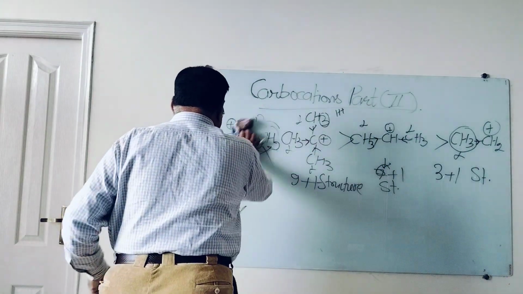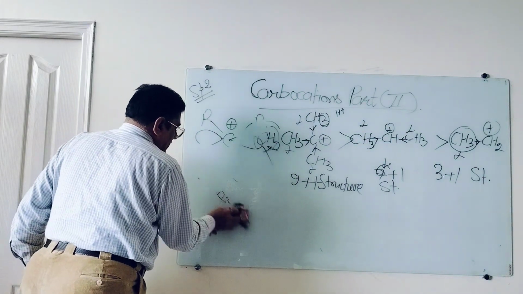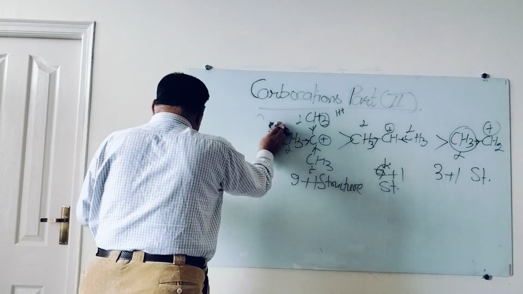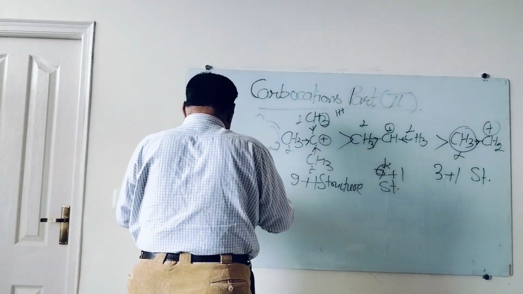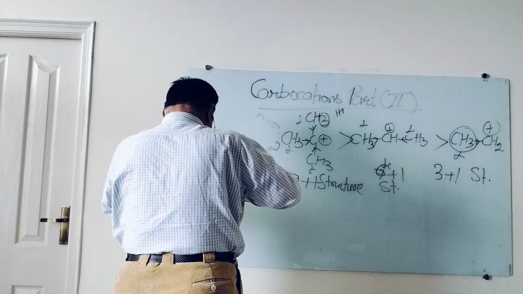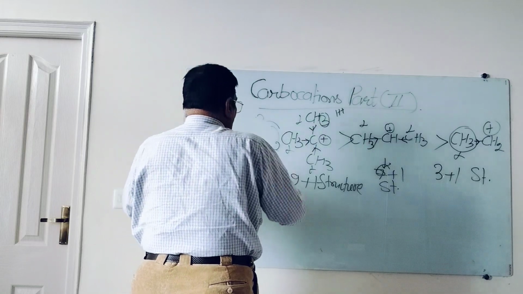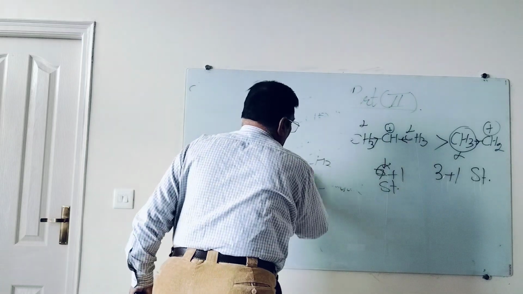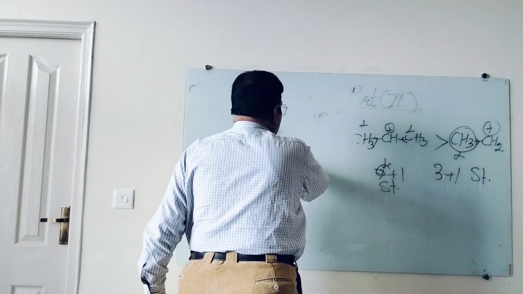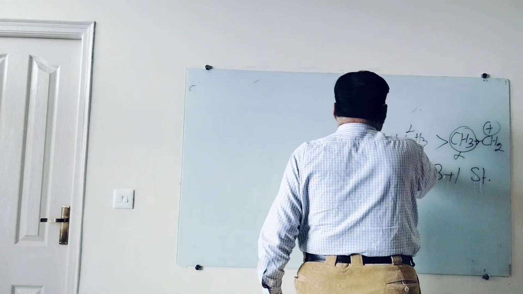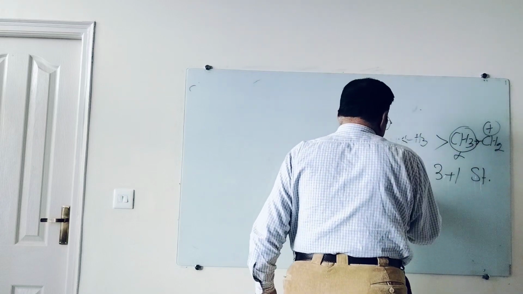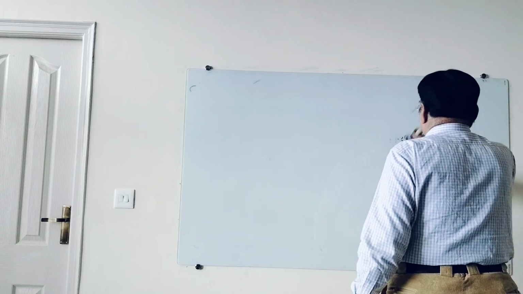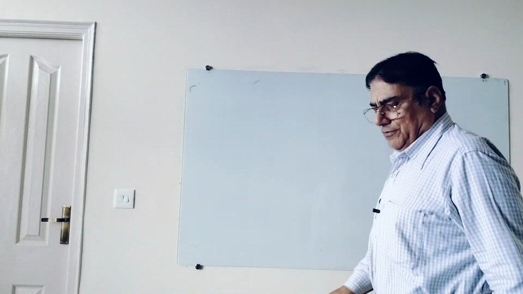Now I will proceed further, to the third effect which I mentioned yesterday. Besides these two effects, there is a third effect which participates in the stability of the carbocation, and that is resonance. How can we explain the stability of some highly stable carbocations, even much more stable than tertiary butyl carbocation, with the help of resonance?